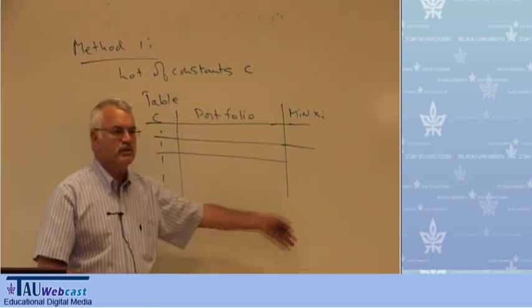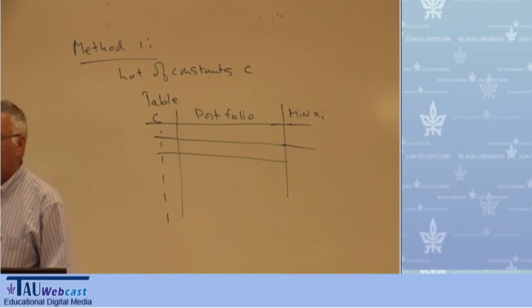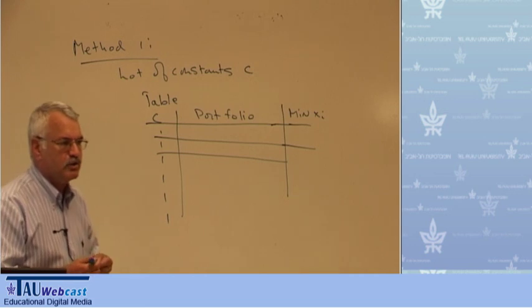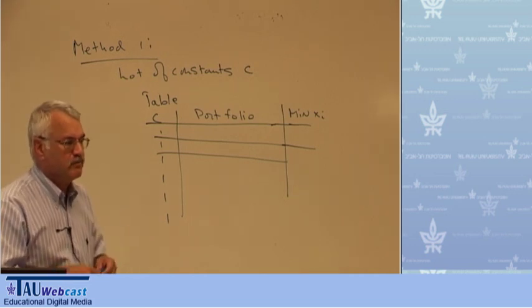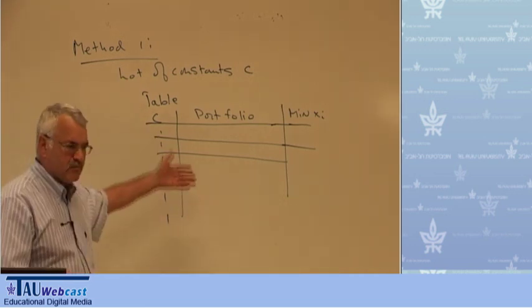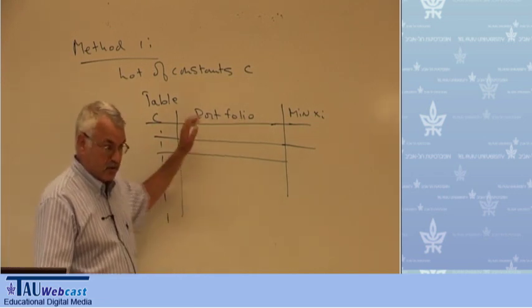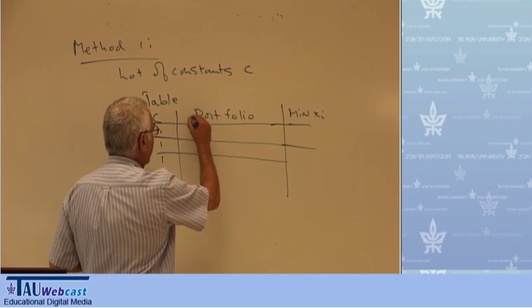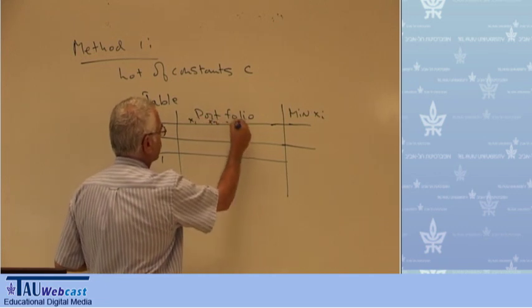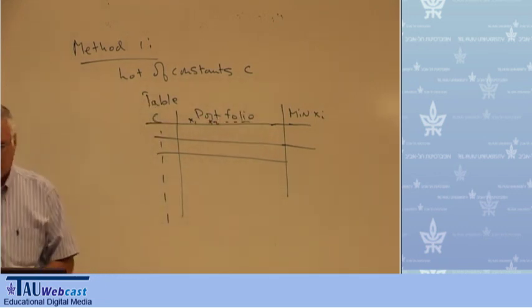What does it mean to have an all-positive portfolio? It means that the smallest X, the smallest asset proportion, is positive. Instead of the portfolio, I look at the individual assets, X1, X2.